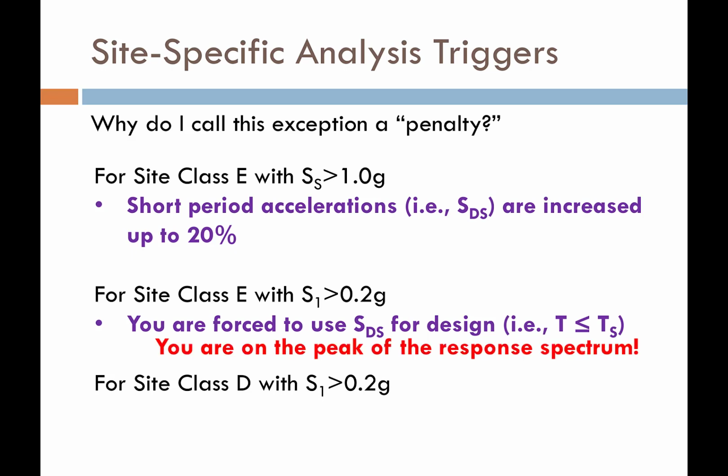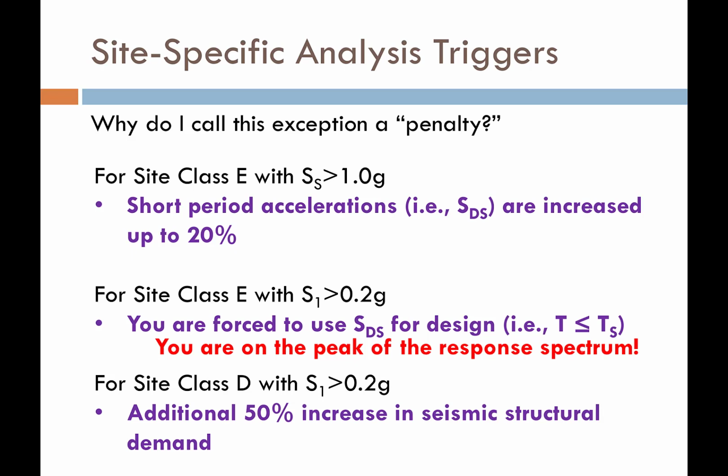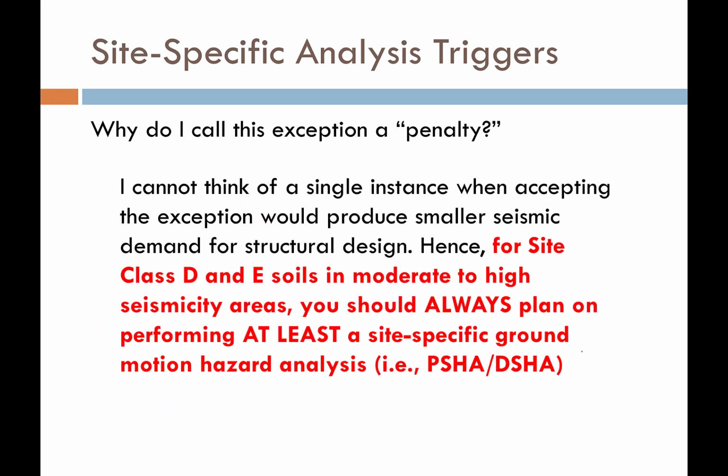So in other words, you're basically saying, well, regardless of what the actual period of my site is, I'm going to move my period over to the peak of the response spectrum, and I'm going to design to that. And those can be some very large ground motions. And if you have a site class D where your long period response spectral acceleration is greater than 0.2 G, you're going to increase your ground motions by 50%. Just to be conservative.